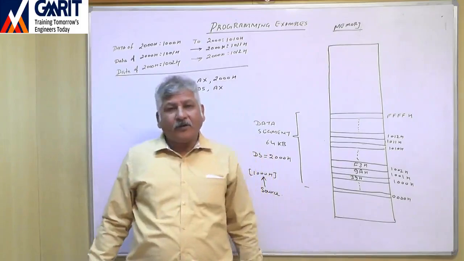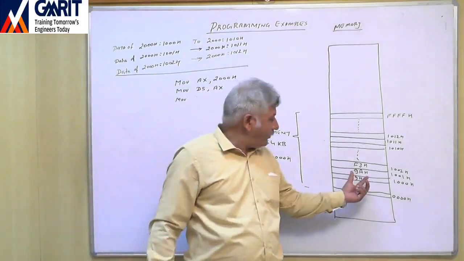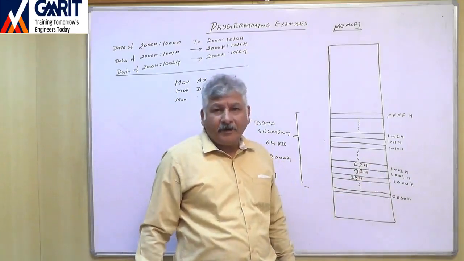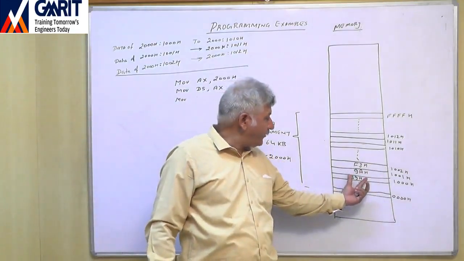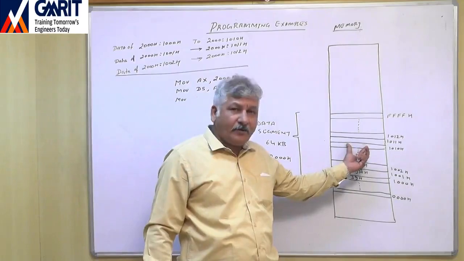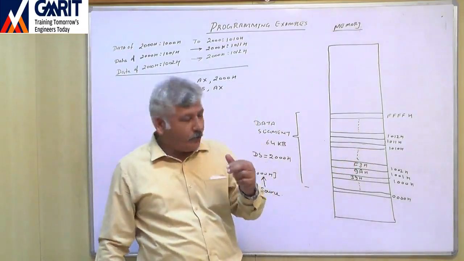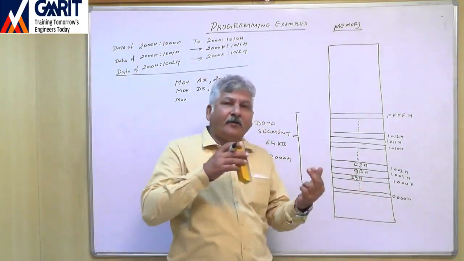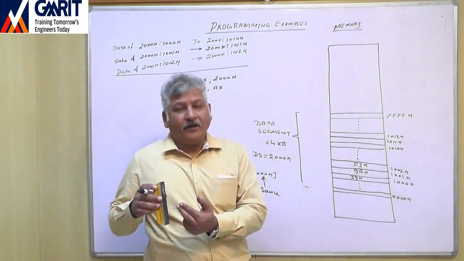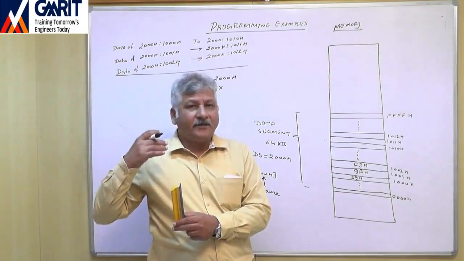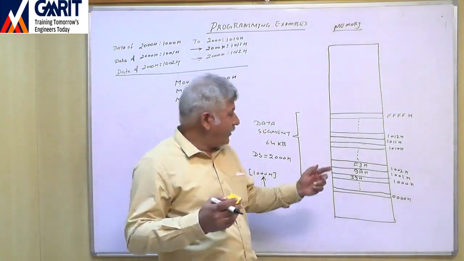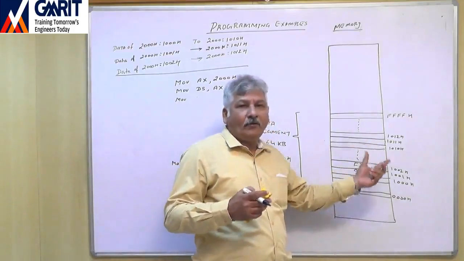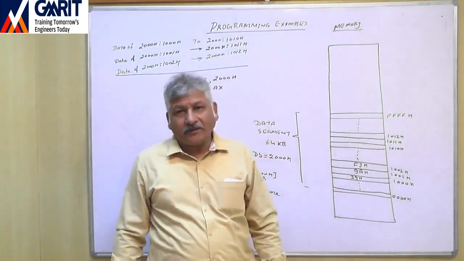But it is not possible to transfer the data inside memory directly, right? So directly transferring this data from here to here inside the memory is not possible. What we have to do is first bring this data inside our microprocessor. Once it is inside our microprocessor, then we can transfer it from the microprocessor to the new memory location. So that is the process.